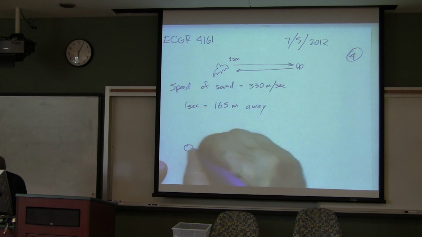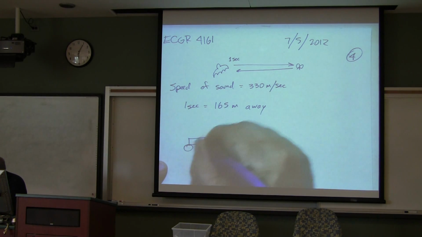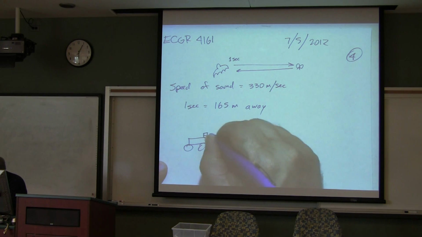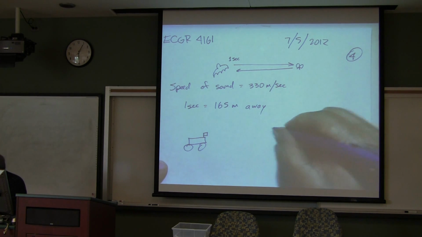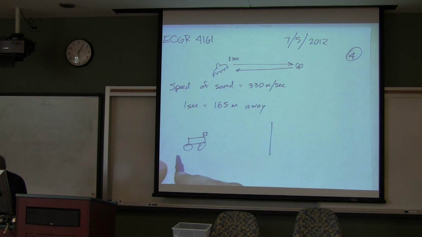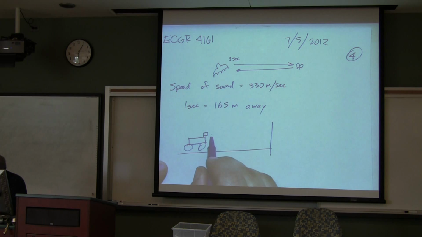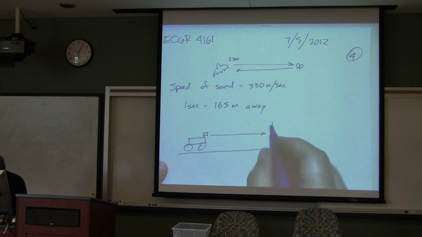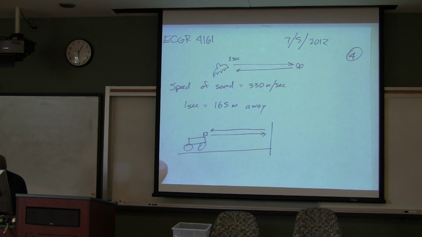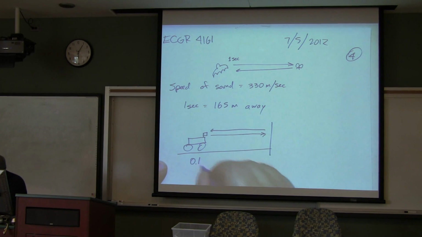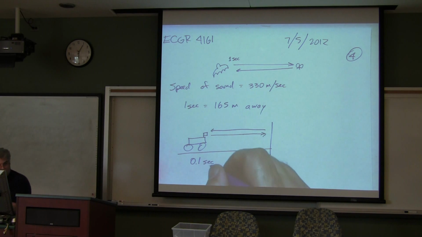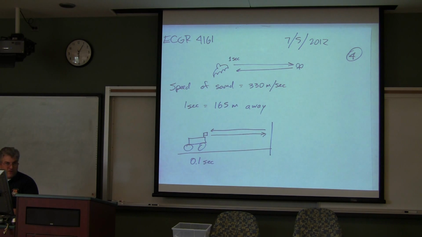So if we have a wheeled vehicle with an ultrasonic sensor on it, and you have a wall, and it sends its chirp and gets a response back, and it takes 0.1 seconds from the chirp to the response, how far away is the wall?